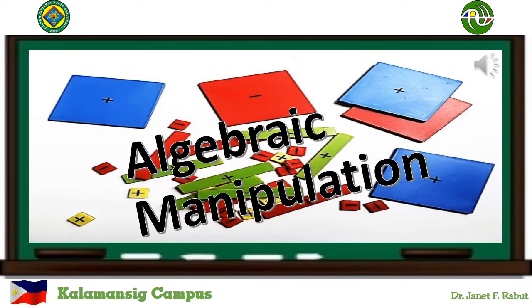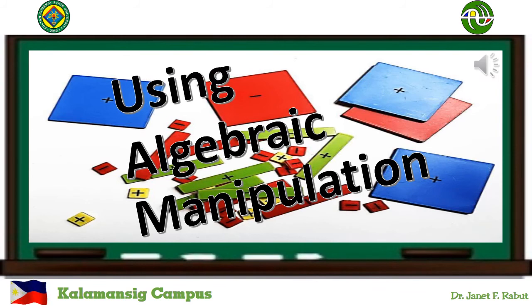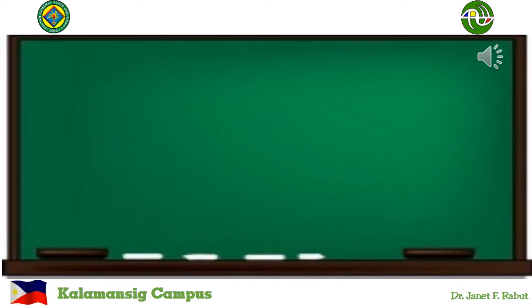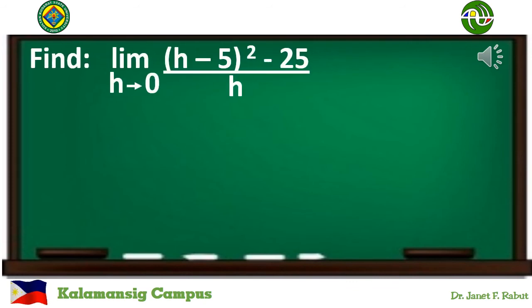And finally, the last technique that I'm going to teach you is by using algebraic manipulation. For example, find the limit of quantity h minus 5 squared minus 25 all over h as h approaches 0. Again, inspect first if it is 0 over 0 by using the substitution technique.